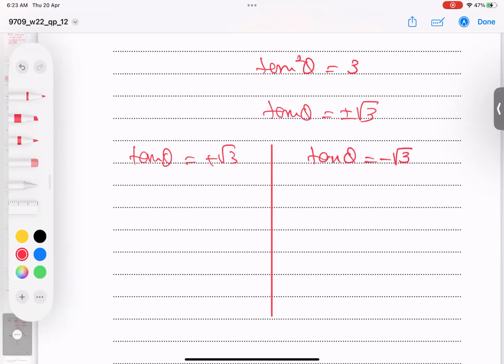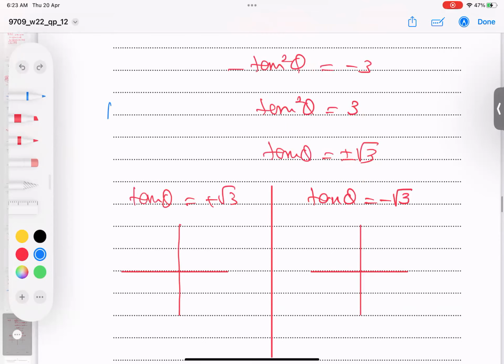So let's see, students. I always make a cross. It helped me a lot. Where is tan positive? We make a cross for all the options. Tan is positive here and here. Tan is negative here and here.